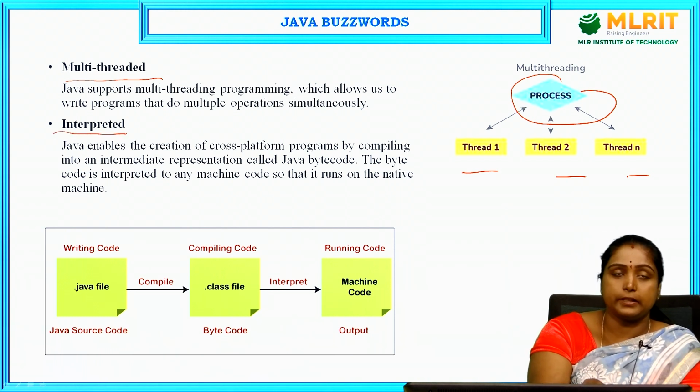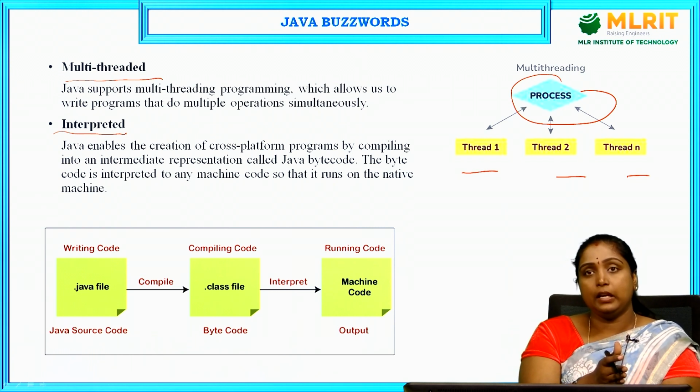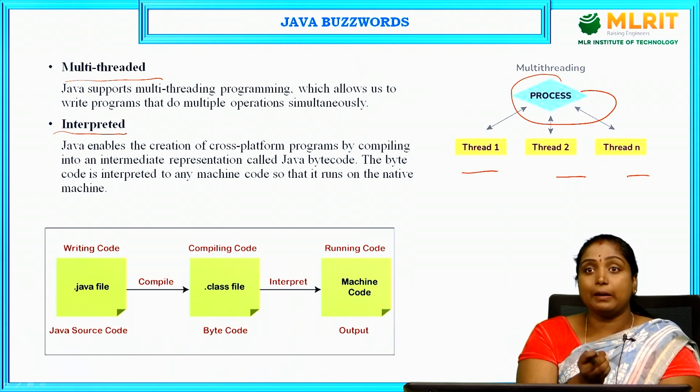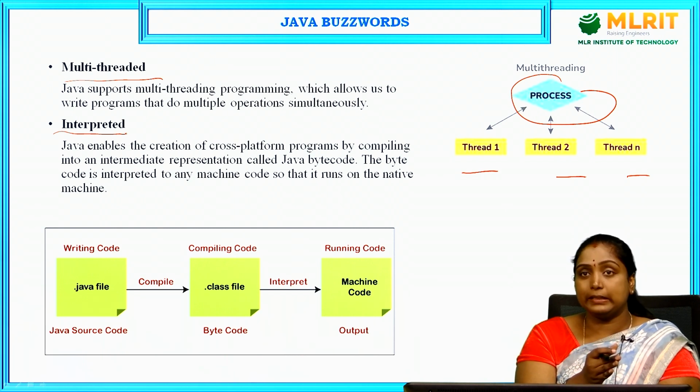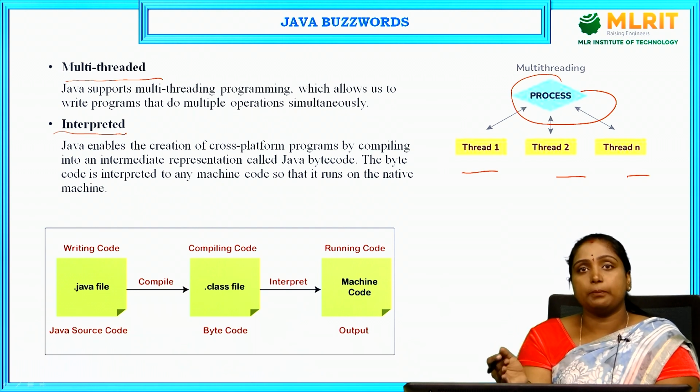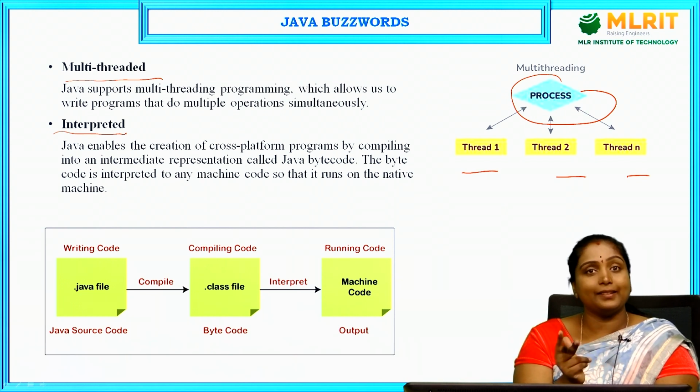Next, interpreted. We have discussed it. Some languages like C and C++ use a compiler, so they are compiled programming languages. Some programming languages use the concept called an interpreter for conversion of the source program to machine level code. Java is a combination of compilation as well as interpretation.